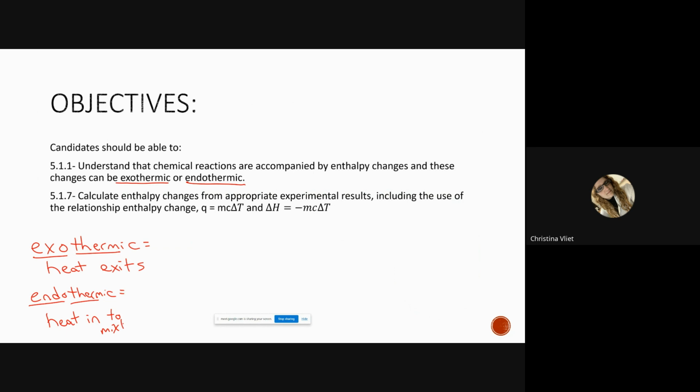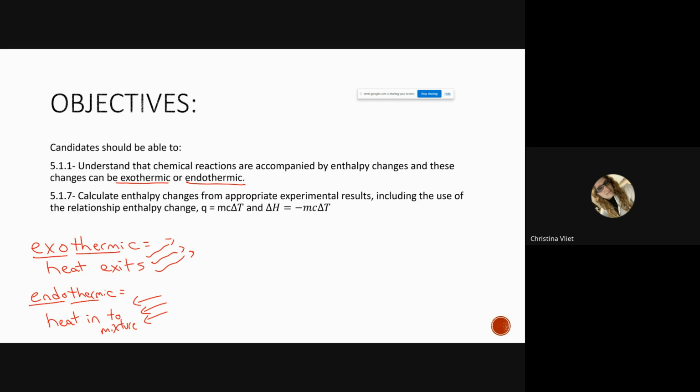And yes, it would actually mean that you feel it get colder, because the heat goes into the mixture, taken from the outside. So one generates heat and another one takes heat. Heat out, heat in.